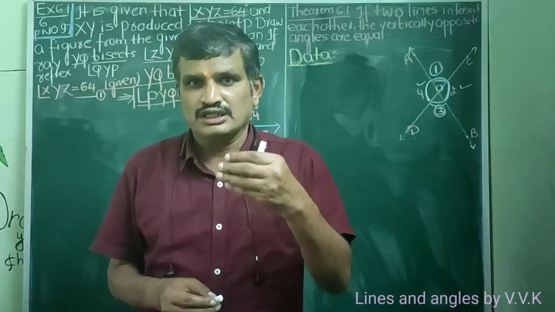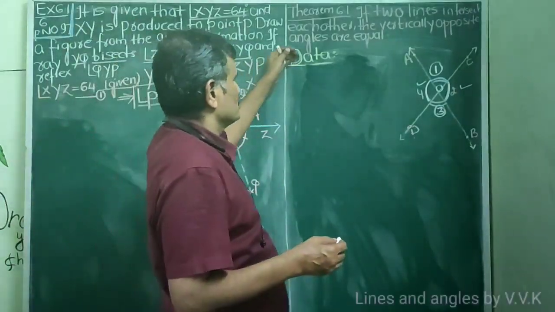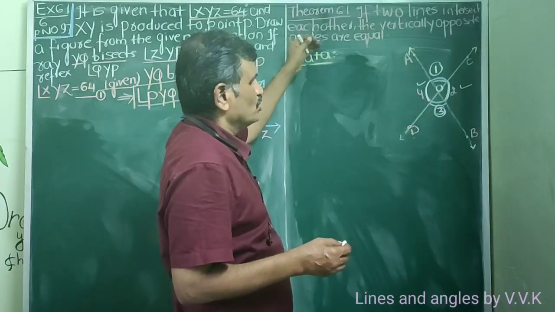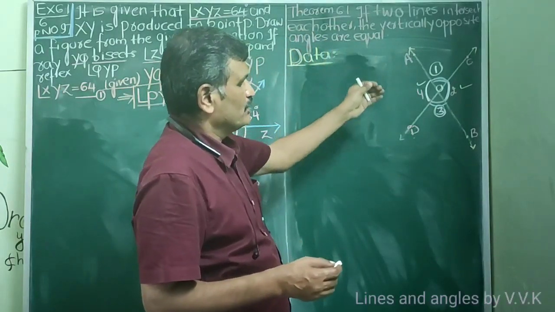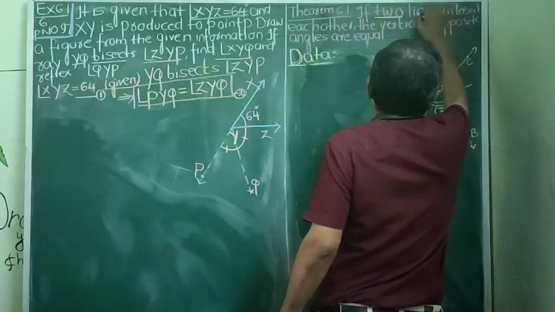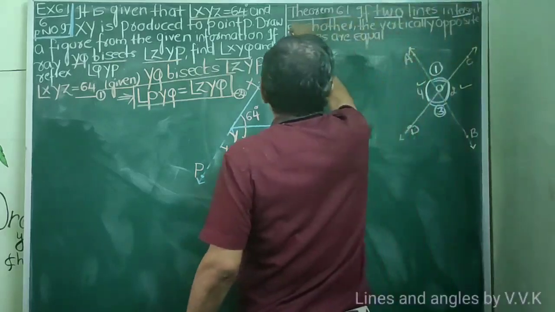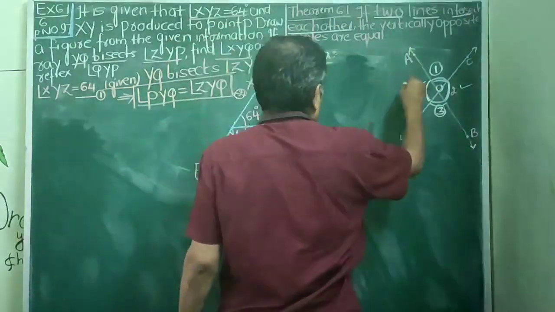Now let us see the first thing, the first logic that you have to use is, you have to always use data. Data means what? Whatever information you write about the figure, that is called data. For example, here, if two lines intersect each other, that is the sentence. Then in the data you should write down which two lines are intersecting.